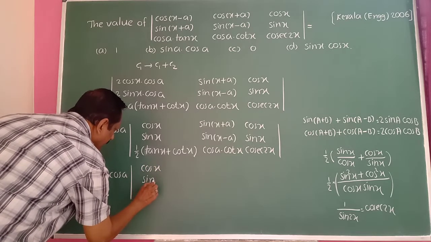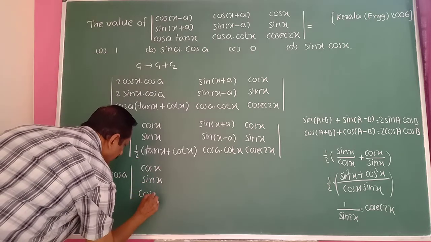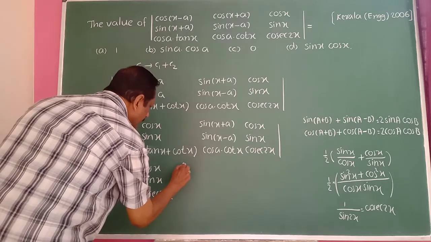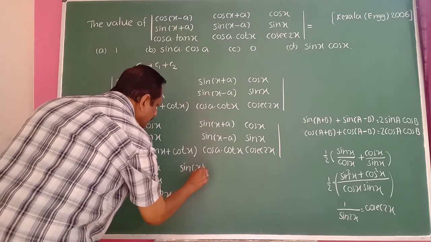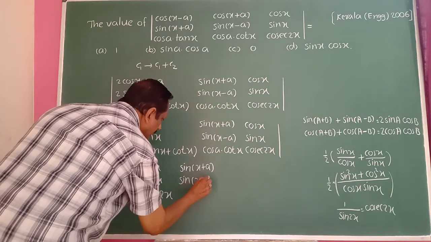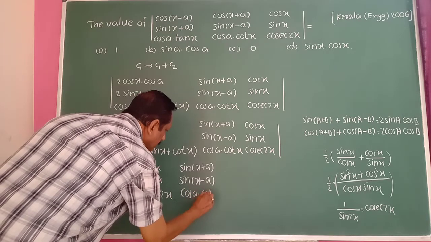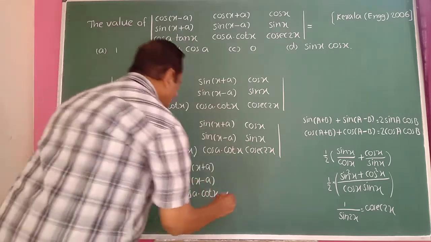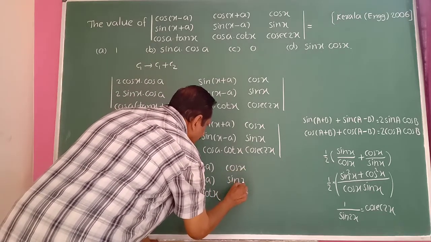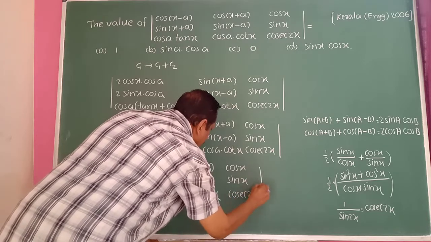then sin x, and cosec 2x, then sin of x plus a, then sin of x minus a, cos a into cot x, then cos x, sin x, and cosec of 2x.